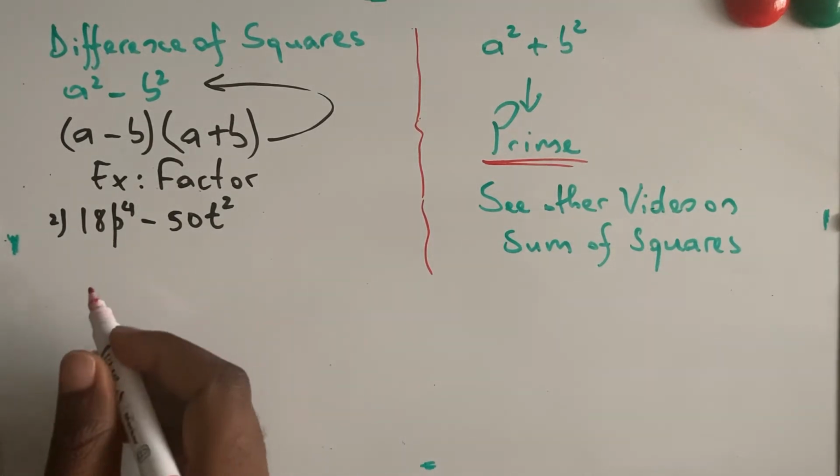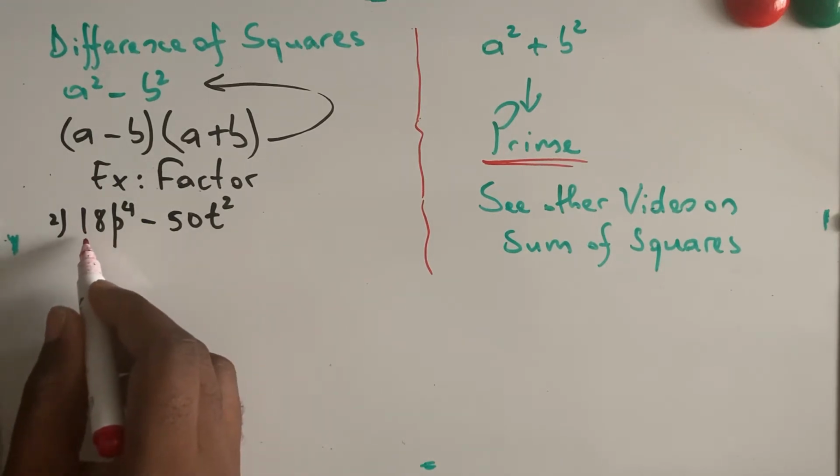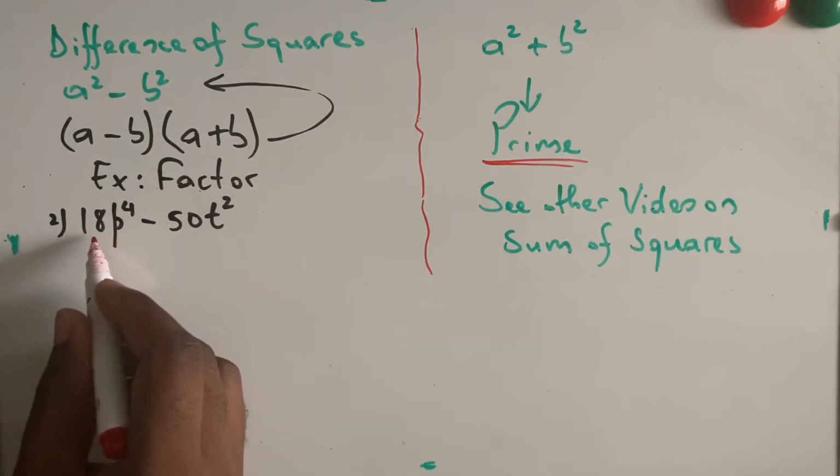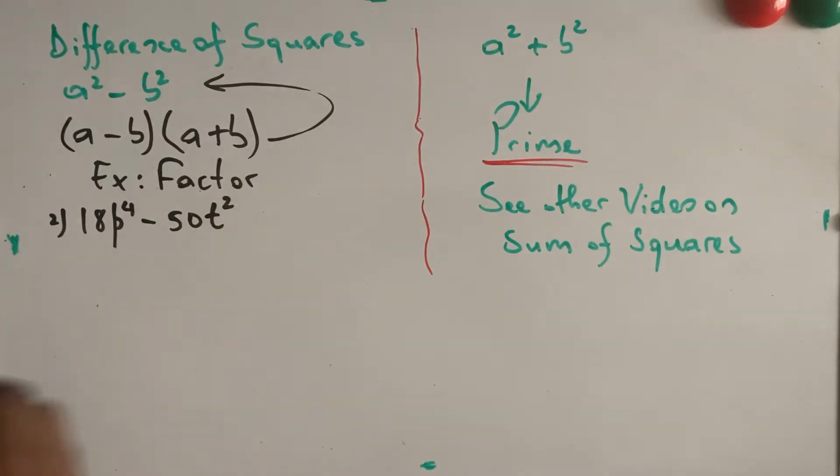So for the actual numbers you have here, 18 and 50, you know 18 is not a perfect square, and 50 is not a perfect square. One thing I told you when I started explaining how to factor, in my previous videos, is that you need to make sure you check to see if there's a GCF.